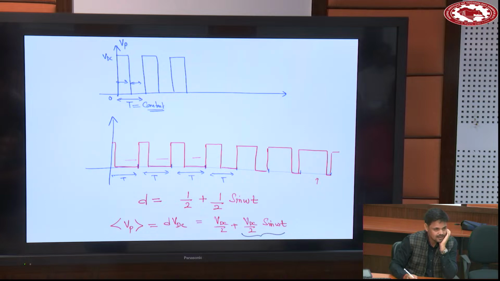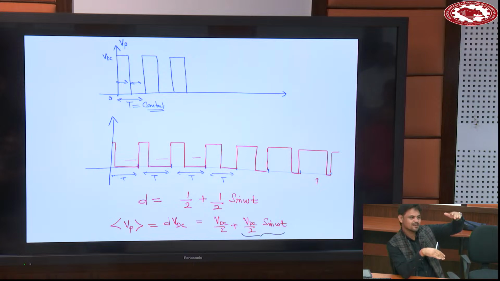This only? VDC by 2. VDC by 2 will be DC, and the peak value can have VDC by 2. Okay.